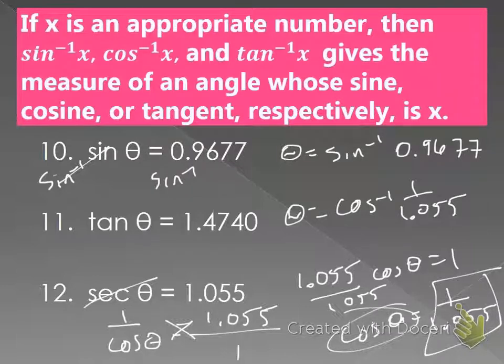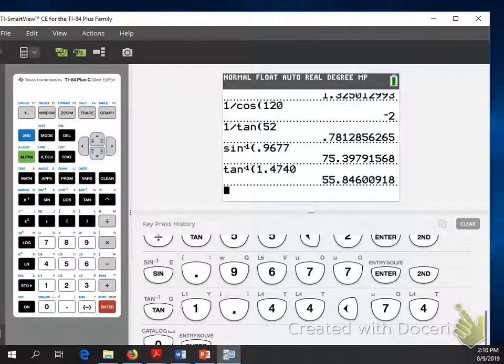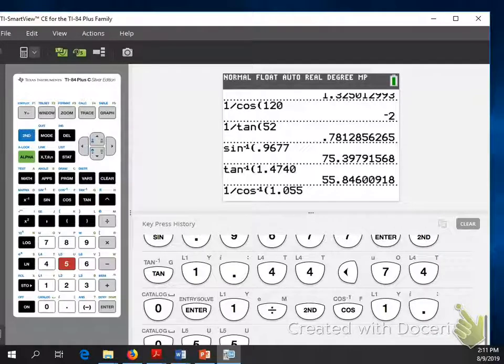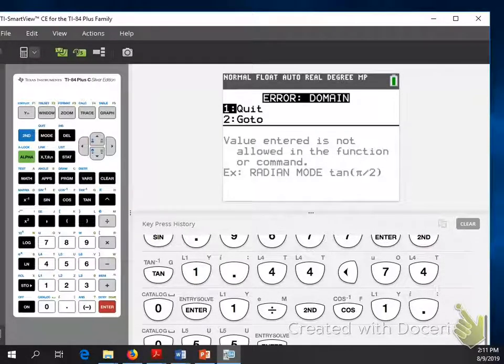So 1.055 is here. What we do is we go inverse cosine, because inverse cosine matches up with secant. Oh, what did I do?